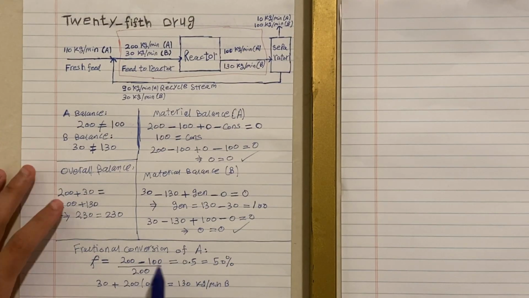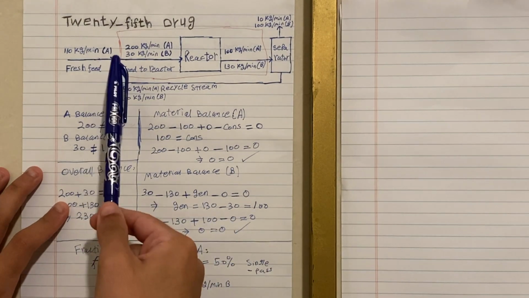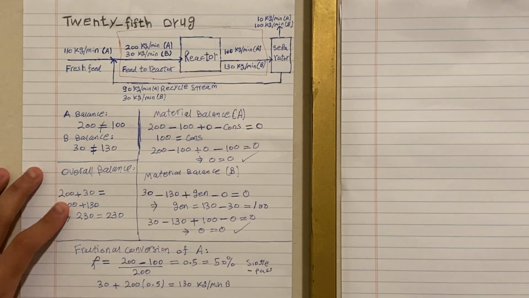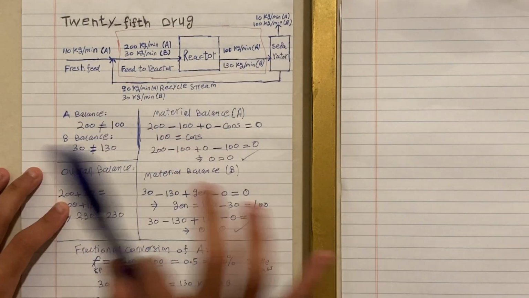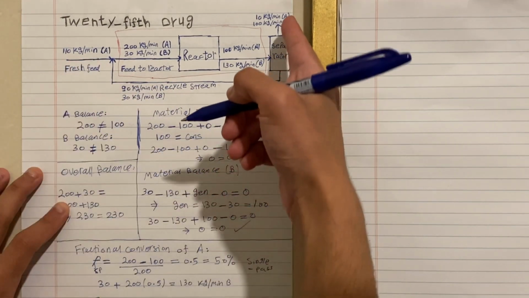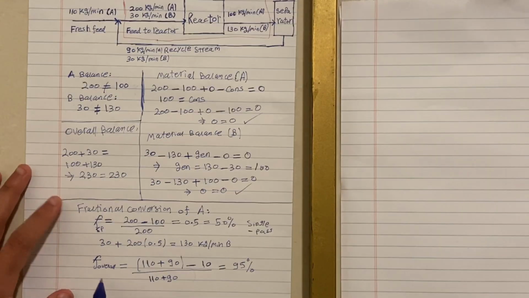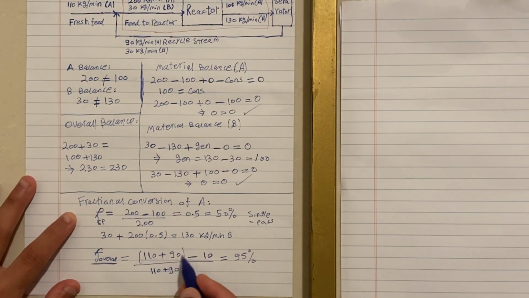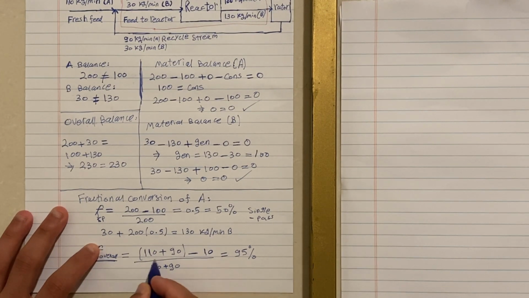What we found here is what we call single pass conversion. I'm talking about what comes and leaves from the reactor. But when we talk about overall fractional conversion, I'm talking about what comes and leaves the overall process. The recycle at the inlet stream of the A and what leaves the process, which is only the separator from the top. Overall feed of A, 110 plus 90, minus what leaves, and then divided by the feed of the process.